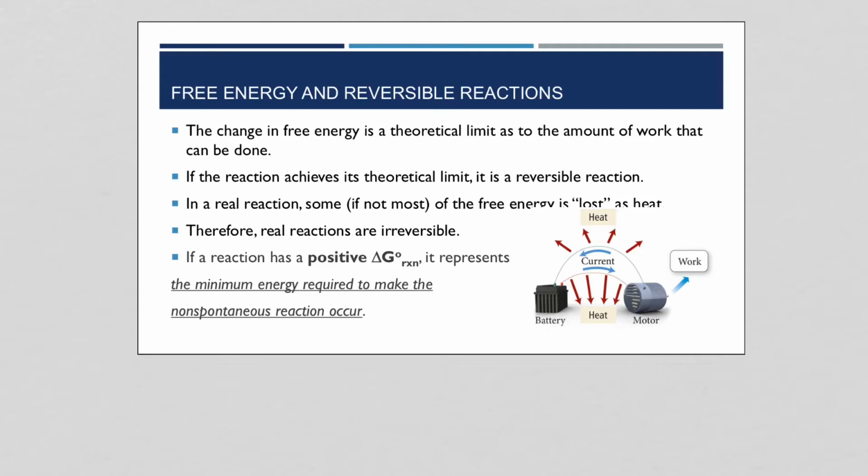This would be true if we had a truly reversible reaction, which we saw in section 4 a little bit earlier, where, at very specific conditions, for an infinitesimal change, we see a reverse in the reaction. Under most conditions, this is not true, and so typically we don't ever see this theoretical limit.